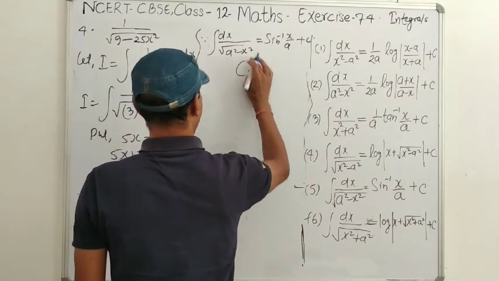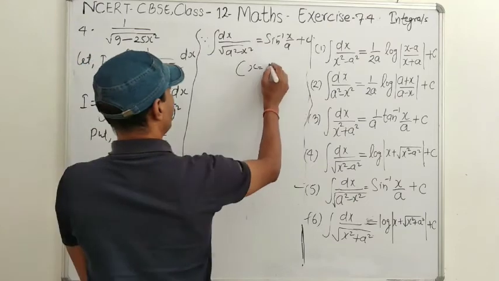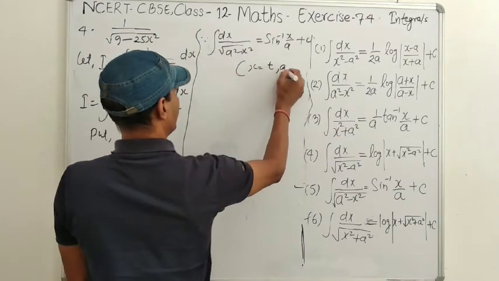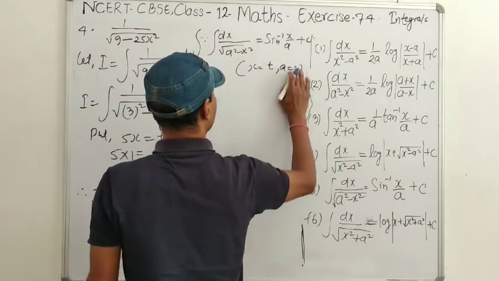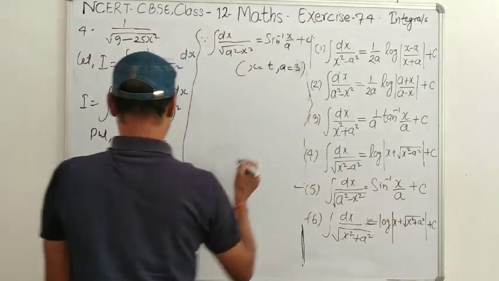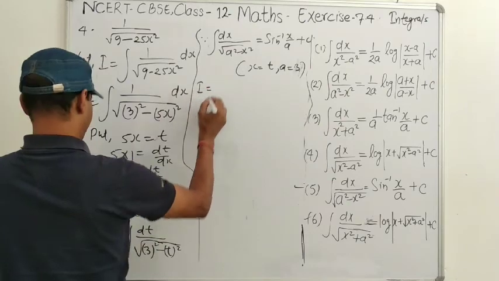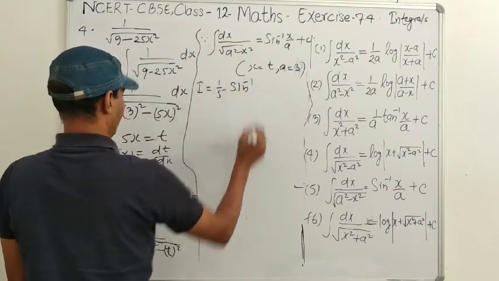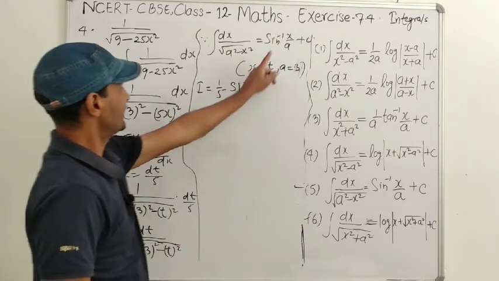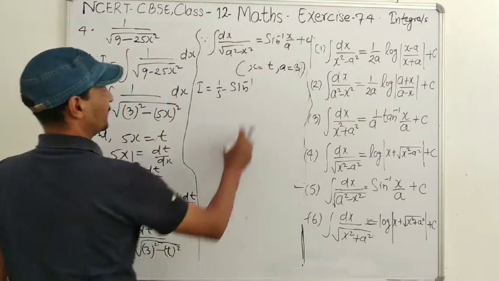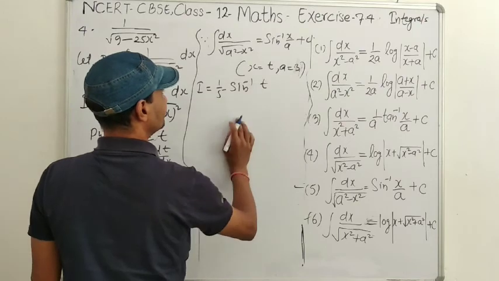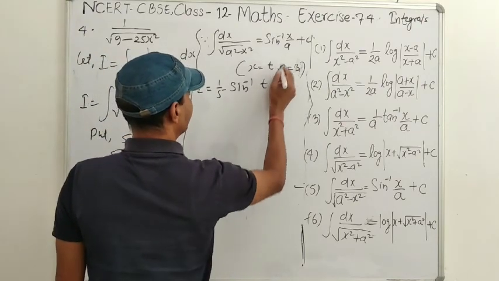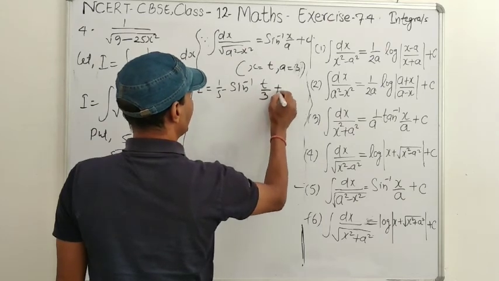In the place of x is t, but a is 3. So we can write the integral equal to 1 by 5 sine inverse of x by a plus c. What is x? x is t, a is 3, t by 3 plus c.